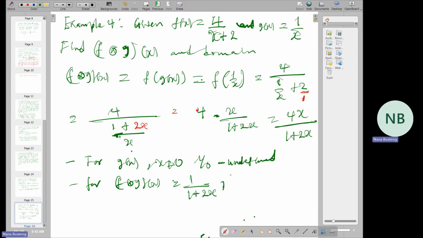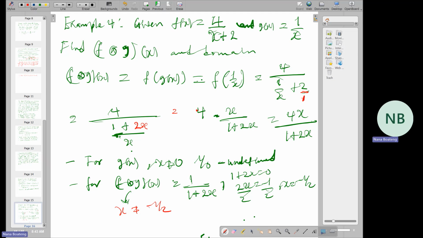So from here, if we have 1 plus 2x equal to 0, and we subtract 1 on both sides, 2x is equal to negative 1, and divide both sides by 2. So if x is equal to negative 1/2, the denominator will be 0. So x cannot be equal to negative 1/2.